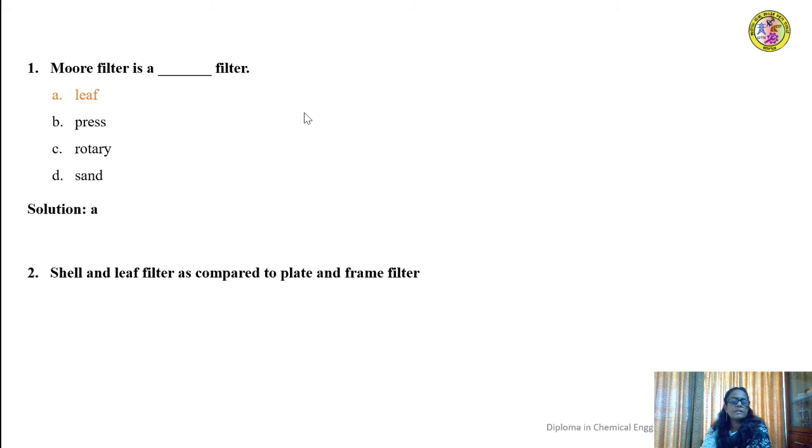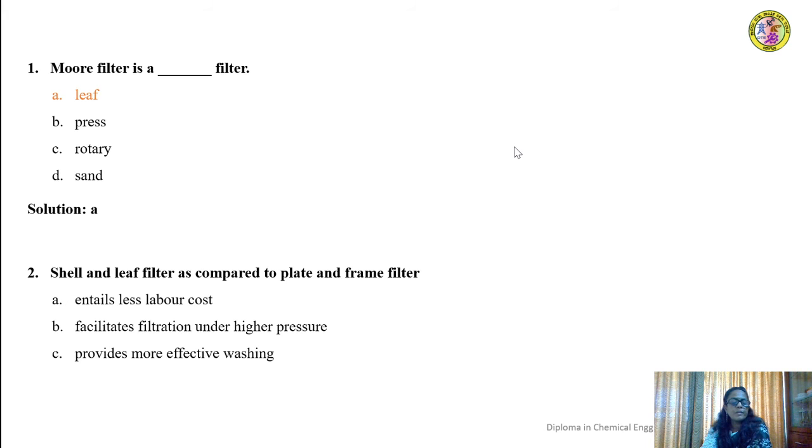Shell and leaf filter as compared to plate and frame filter. It is also called a shell and leaf filter because it consists of a shell in which a number of leaves are suspended. In comparison to plate and frame filter press, it entails less labor cost, facilitates filtration under high pressure, provides more effective washing.